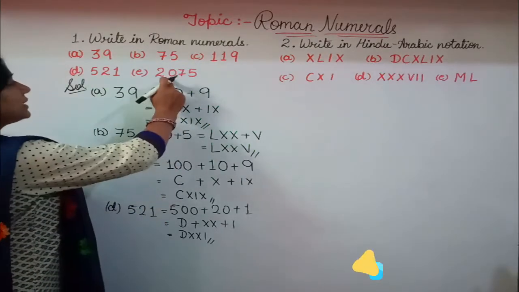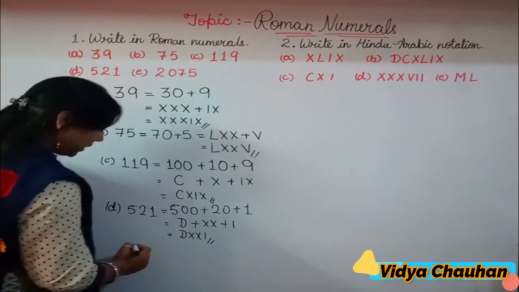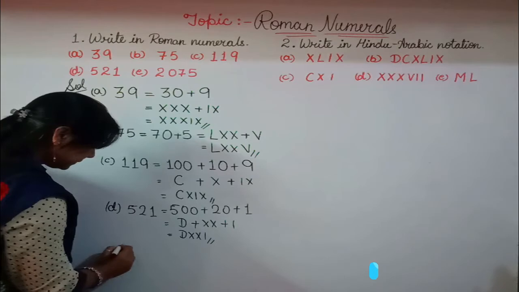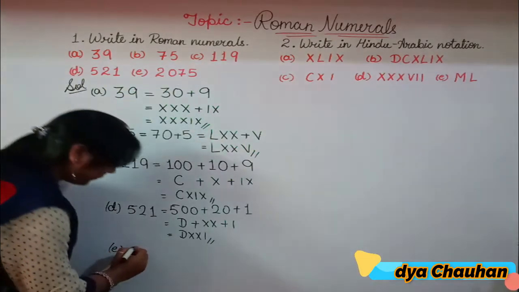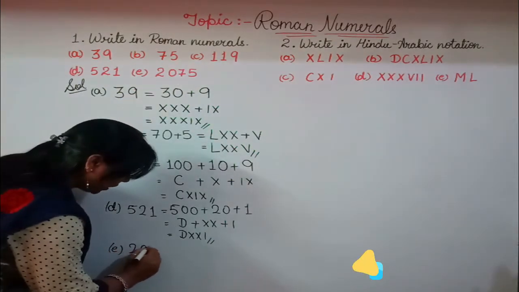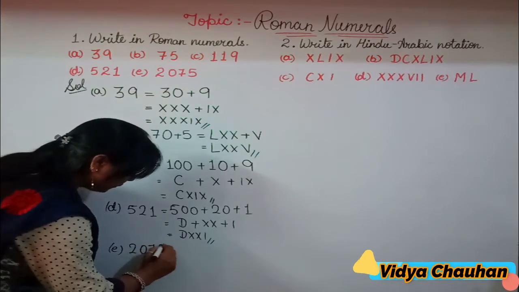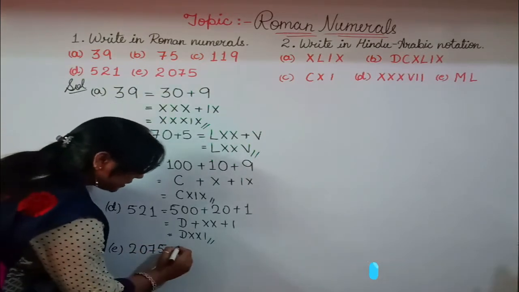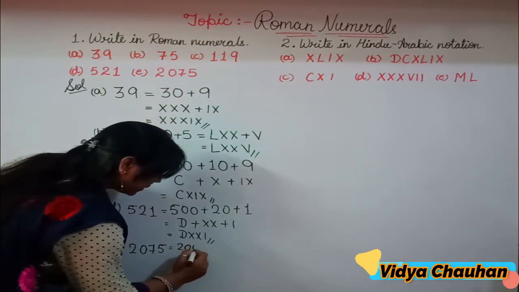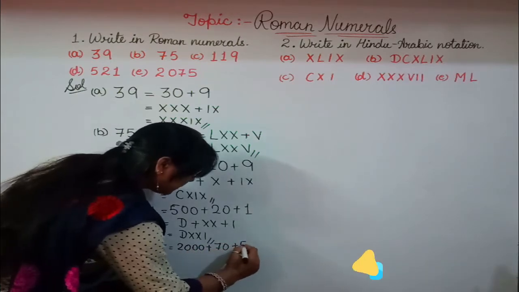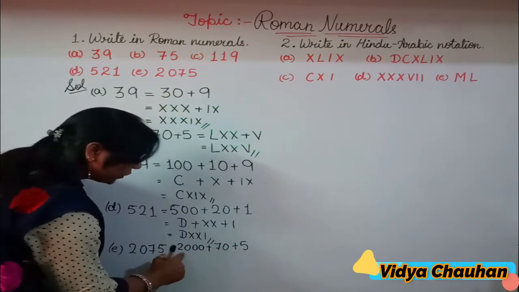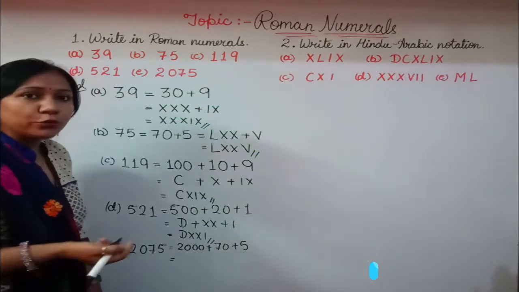Okay students, taking the last part, which is your E part, and it is 2075. Writing the number in its expanded form, 2000 plus 70 plus 5. Now, what is the symbol for 2000?